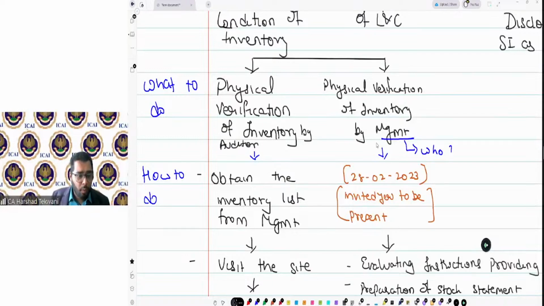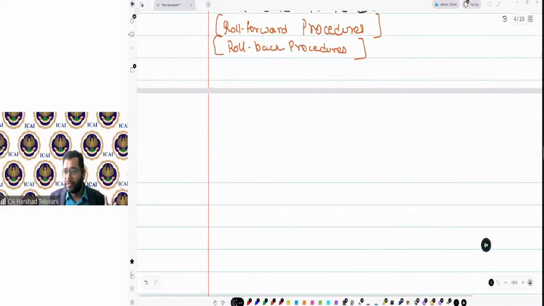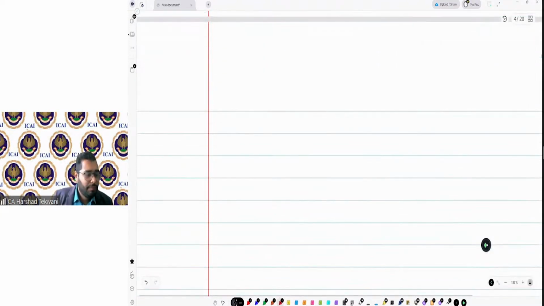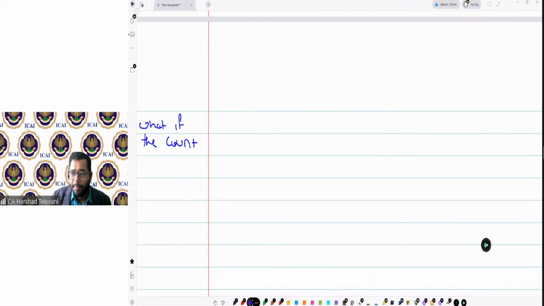Now, there is only one area that we have not discussed. That is, what if the count is not possible or you cannot attend the physical inventory count?